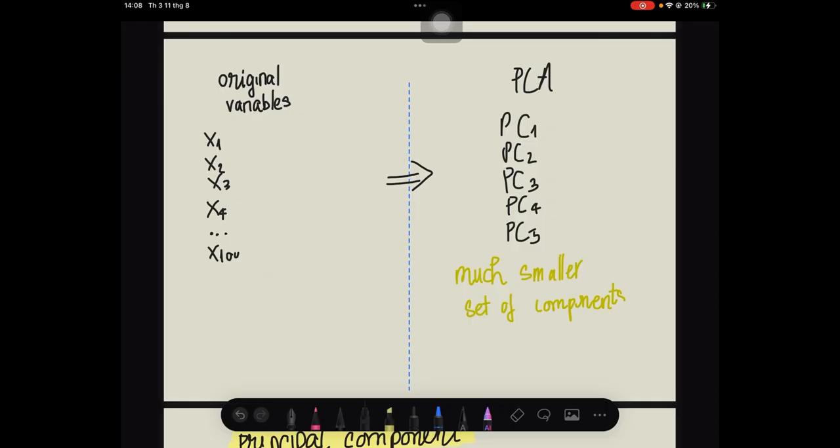Instead of analyzing all 10 separately, PCA might construct a new component that captures the dominant pattern shared by those indicators. That becomes principal component 1. Then PCA finds another component that captures another important dimension of variation. That's principal component 2, and so on. The result is a much smaller set of variables that can summarize much of the information contained in the original dataset.